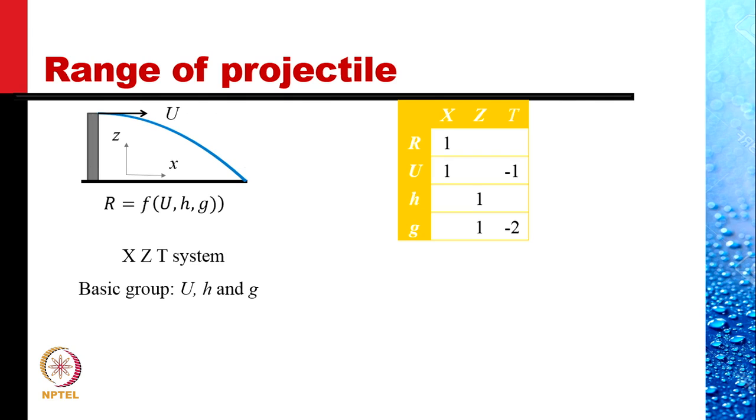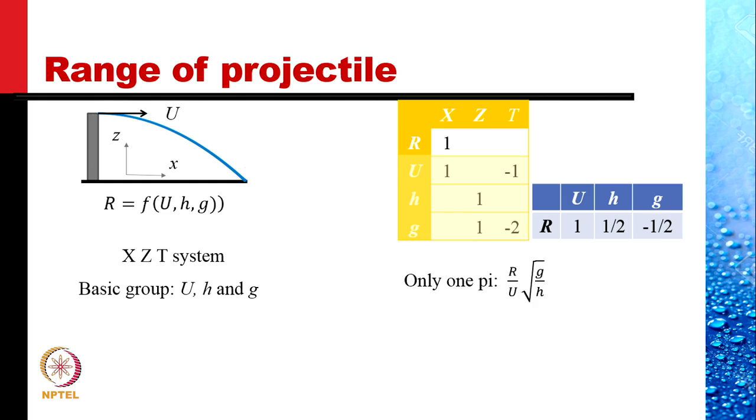In this, we use the 3 quantities u, h and g as the basic set. And so there is only one parameter that is left, the dependent parameter R, and the dimension of the dependent parameter in terms of u, h and g is obtained as u raised to power 1, h raised to power half, g raised to power minus half, so that there is only one parameter that is formed. And that parameter can be written as R divided by u multiplied by under root h by g.